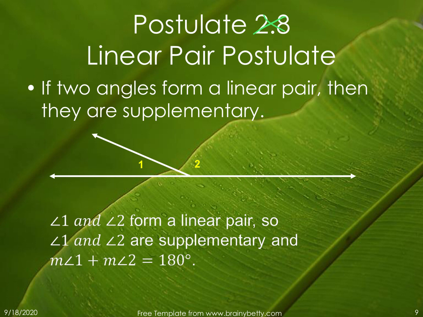So from this picture, I could state that 1 and 2 form a linear pair. So because they're a linear pair, they're supplementary, and when you add them, they equal 180. So the postulate is going to tell us about the measurement. The definition tells us how they're formed.